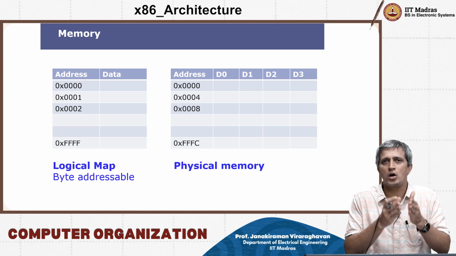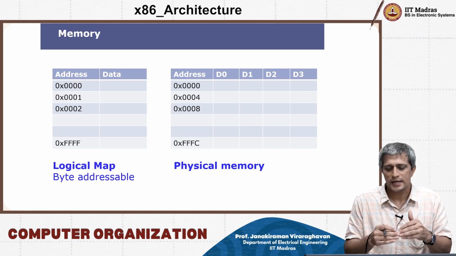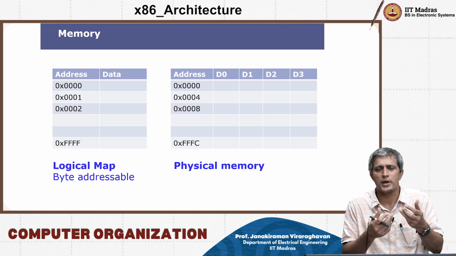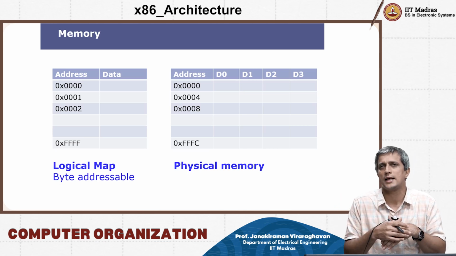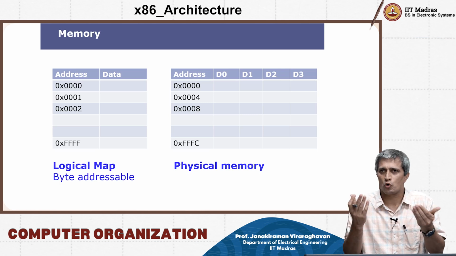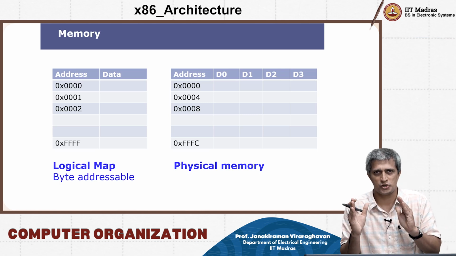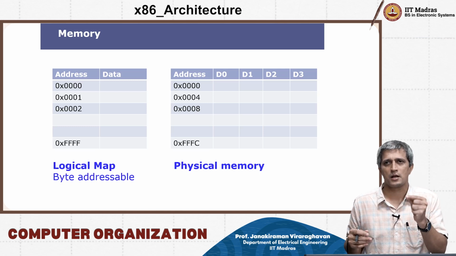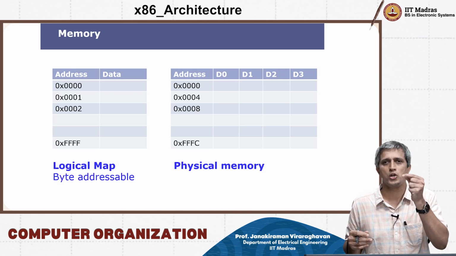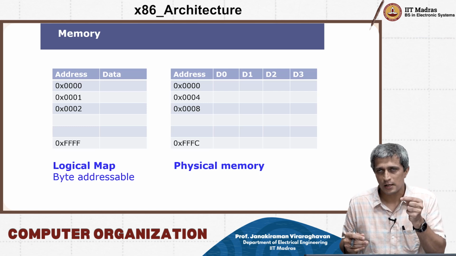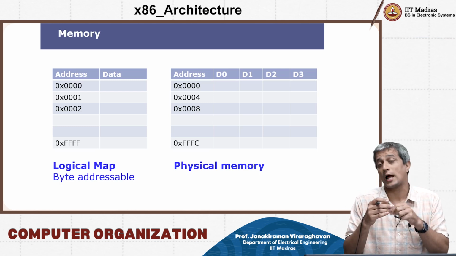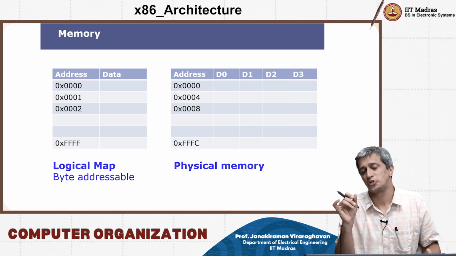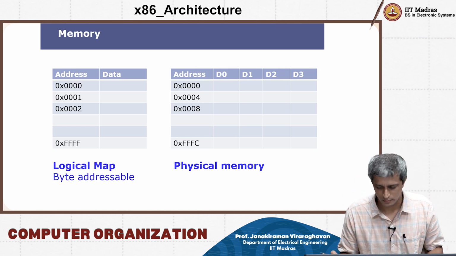Depending on the address that you give, because I told you typically n will be equal to m, I can assume that the data is also going to be 16 bits of information. But when you increment the address by 1, that means it goes to the next byte, and therefore, I should be able to access the next byte of information. So this is important.